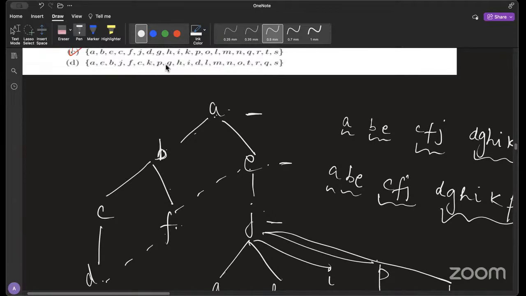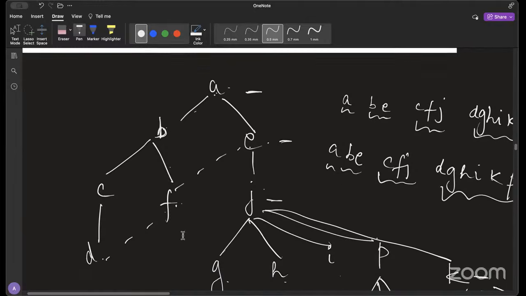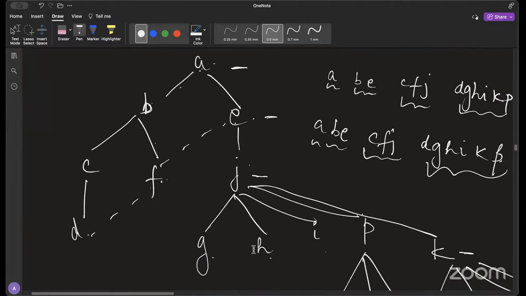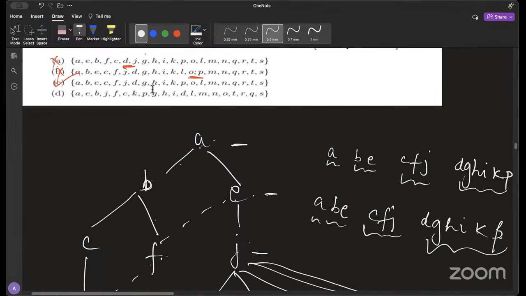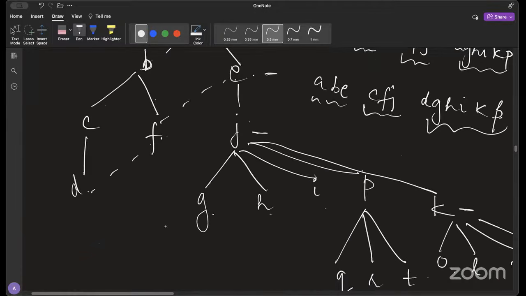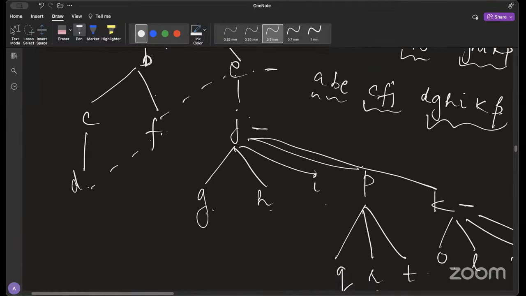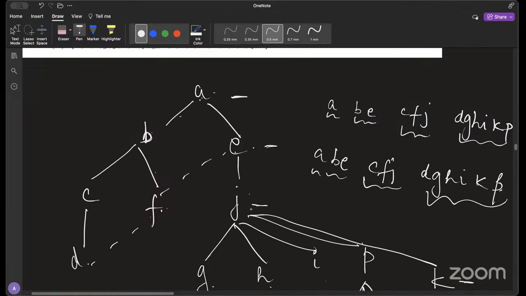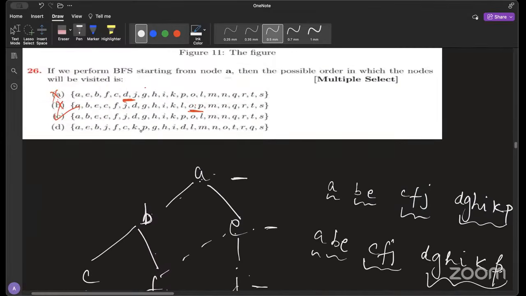Then next you have K, P, G, H, I, and D. So after these 3, C, F, J, we want these 6, right? So we want D, G, H, I, P, K in some order. So we have them here. That means they're all in this.